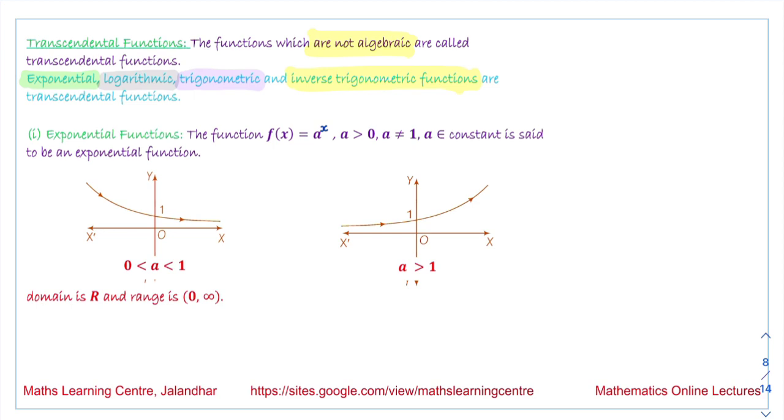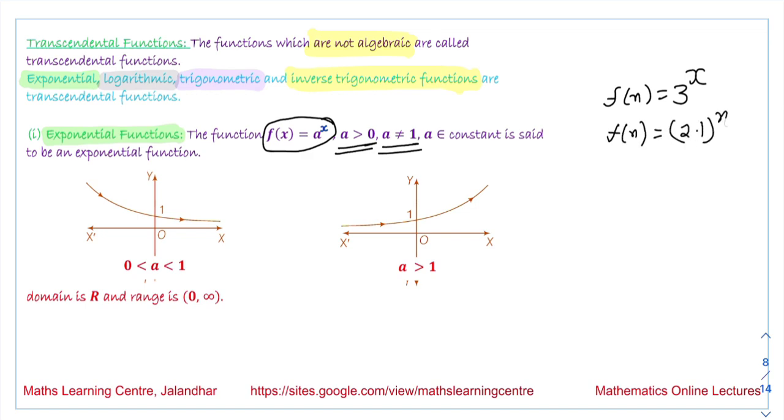So the first function we are going to talk about is the exponential function. The function f(x) is equal to a raised to the power x, for any a greater than 0 and a not equal to 1, is called an exponential function. Suppose f(x) is equal to 3 raised to the power x, or f(x) is equal to 2.1 raised to the power x.